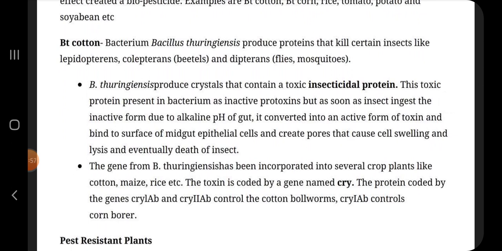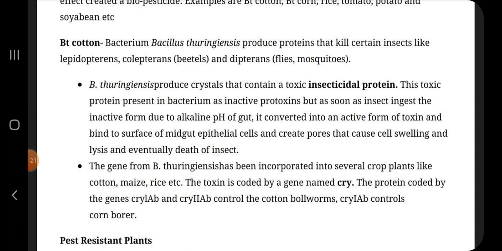BT cotton: the bacterium Bacillus thuringiensis provides proteins that kill certain insects like lepidopterans, coleopterans, beetles, and flies, mosquito. B. thuringiensis produces crystals that contain a toxin called insecticidal protein, and this protein present in the bacteria is an inactive protoxin.